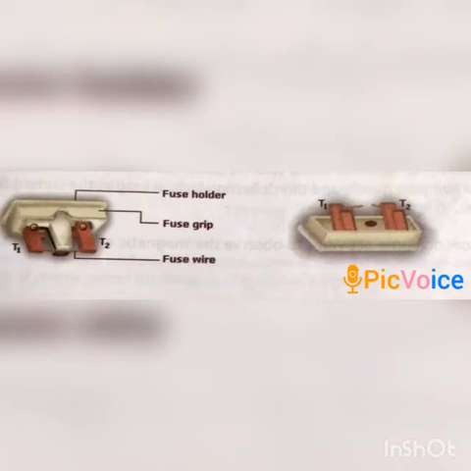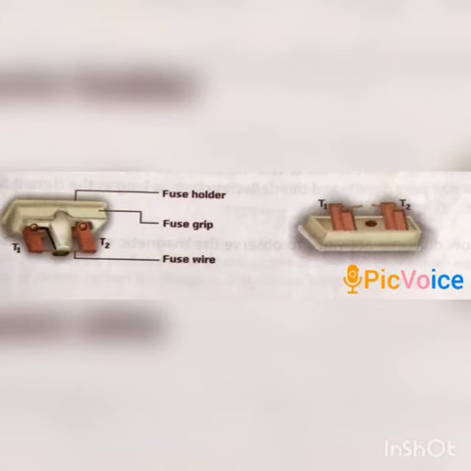There is always a maximum limit of the current which can safely flow through a given circuit or a given appliance. That means the amount of current which flows through a given circuit or given appliance safely is a fixed amount.